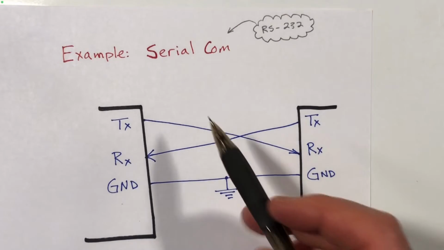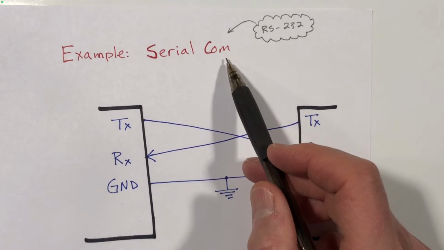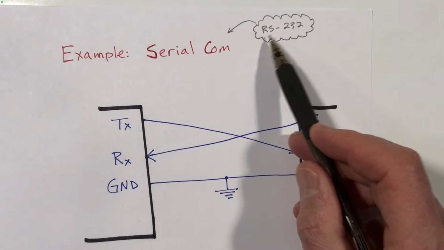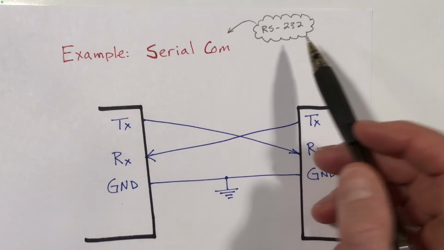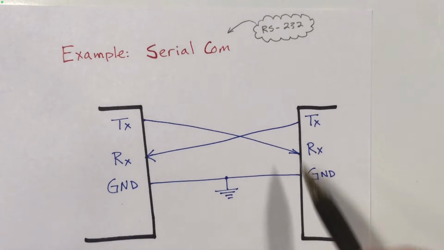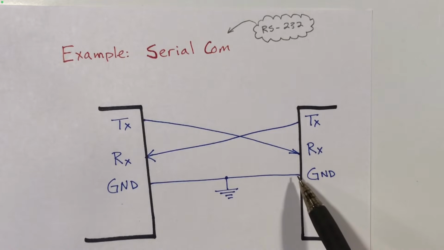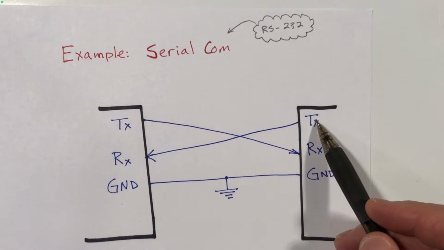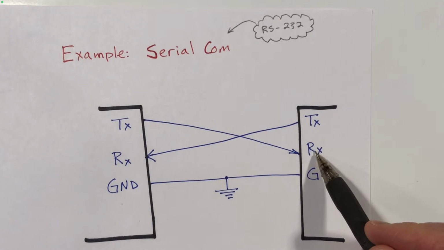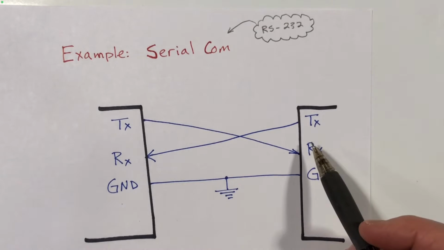In this video, we're going to look at serial communication. This is sometimes known as RS-232 communication. It's a way for two devices to communicate using three wires, one of which is ground. So there's a transmit connection and a receive connection on each of the two devices.